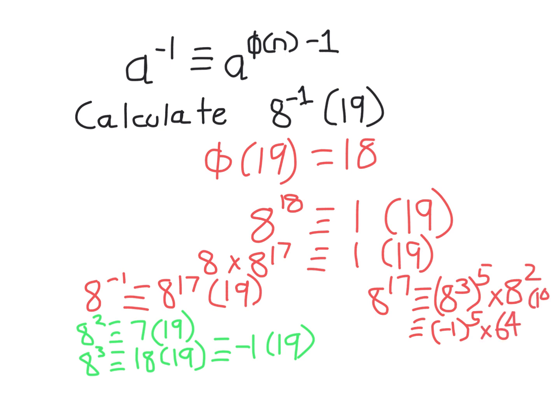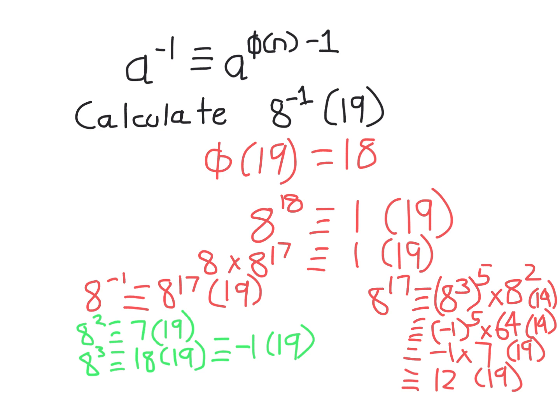And this is all being done mod 19. Now, -1 to the power of 5 is always -1. 64, we figured out before, is equivalent to 7 mod 19. So 8 to the power of 17 is equivalent to -7. Just add 19, and you get 12 modulo 19. So that means the inverse of 8 is 12 in modulo 19.